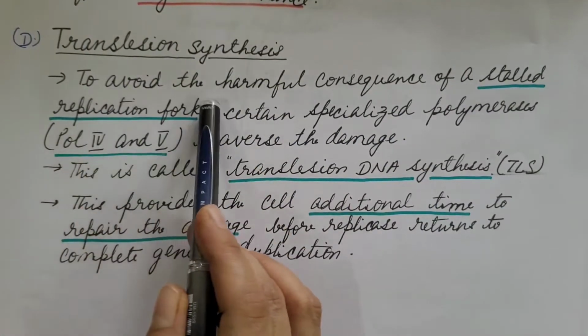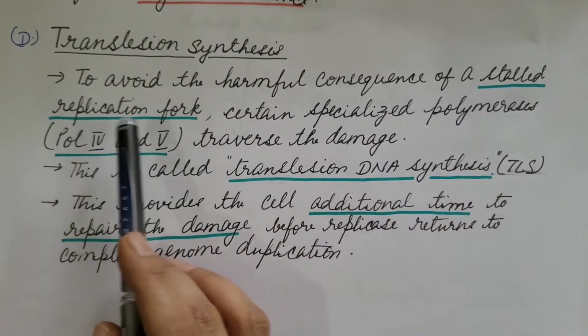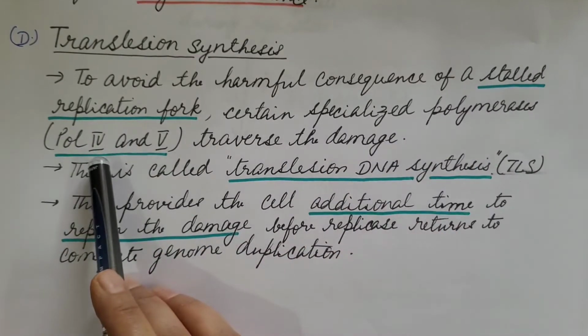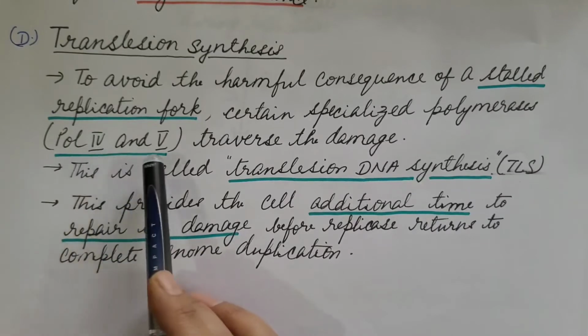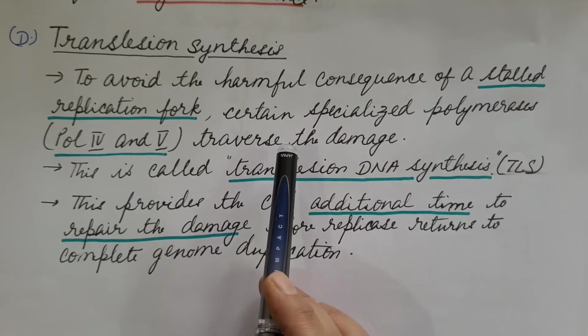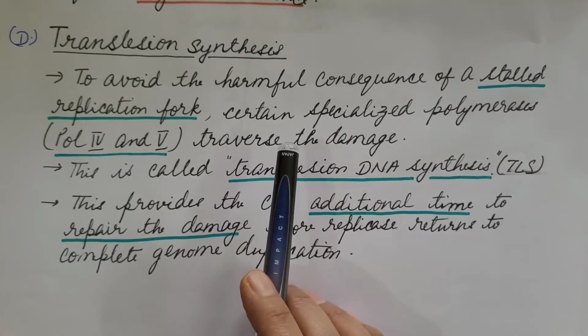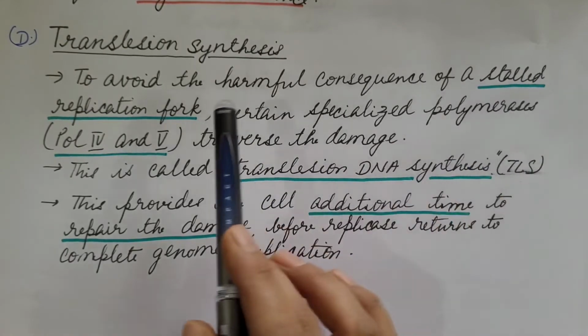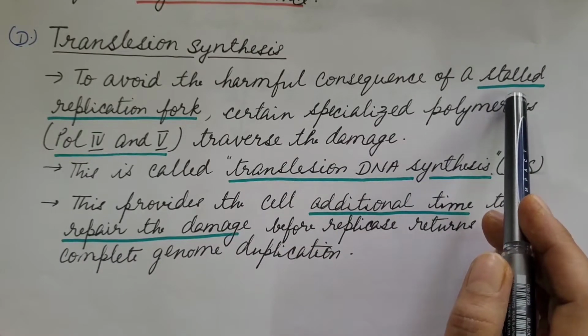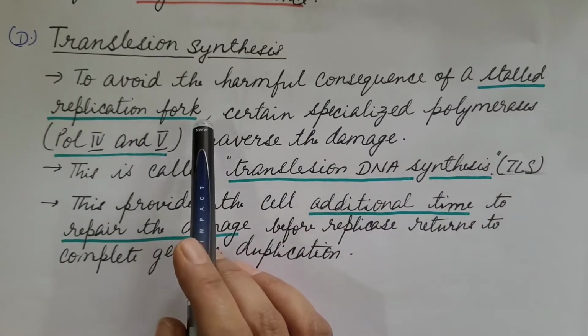To avoid the harmful consequences of a stalled replication fork, certain specialized polymerases, for example polymerase 4 and 5, traverse the damage. When there is damage or lesion in the template strand, then DNA polymerase 3 stops extending the new strand, as a result of which the replication fork is stalled.